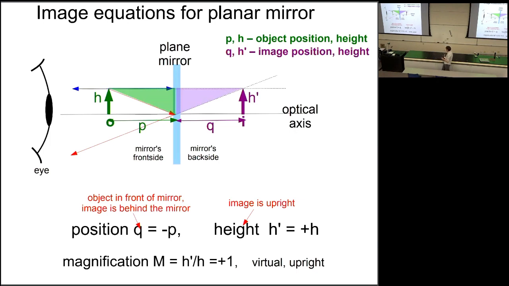There's another remark. I did mention that in general, with mirrors and with lenses, you can sometimes get upright images and sometimes get inverted images. They'd be the right way up or the wrong way up. In this case, we got an image that is the same way up, the right way up, as the object.